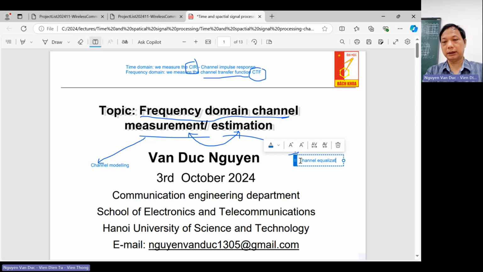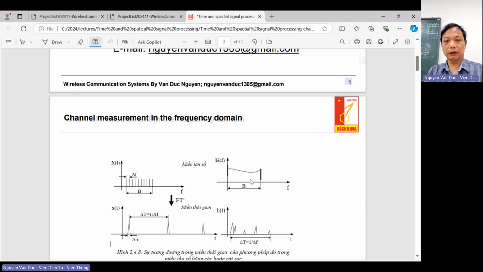That is somehow similar. The two have different purposes, but the task is similar or identical. There is another concept, channel prediction. We did not discuss it in our class, but today I focus on the concept of channel measurement, namely in the frequency domain. And I show you how that works.